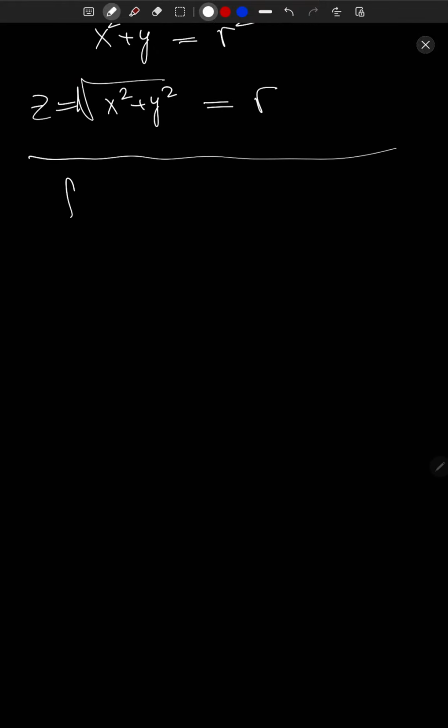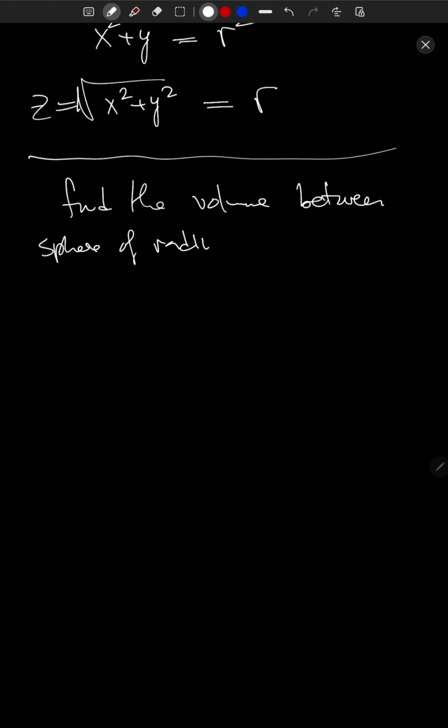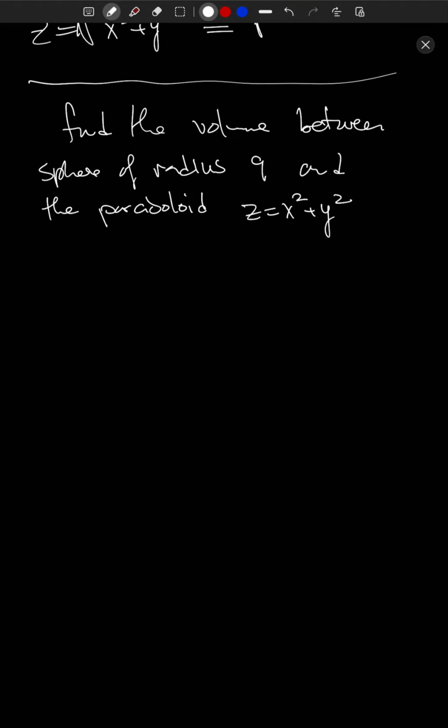So let's find the volume between the sphere of radius 9 and the paraboloid, let me write it as z equals x squared plus y squared. All right.